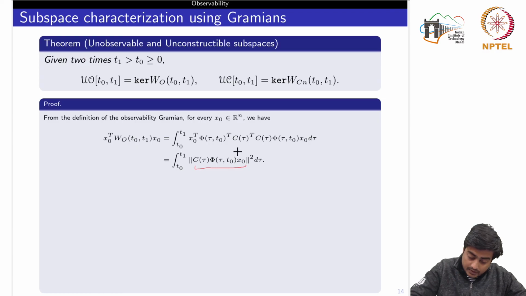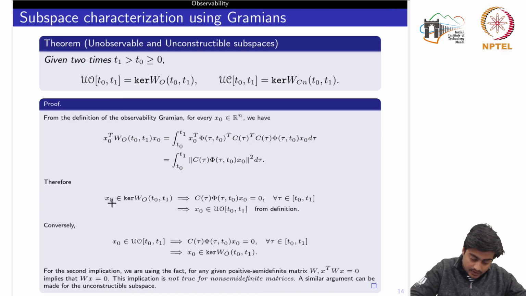So this is basically C phi x naught, and this is the transpose, so I can write it as the squared norm of this term. Now we want to show that if an element belongs to this unobservable subspace, then that element would also belong to the kernel of the observability Gramian.